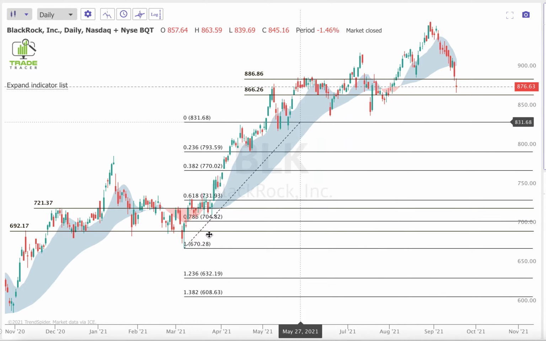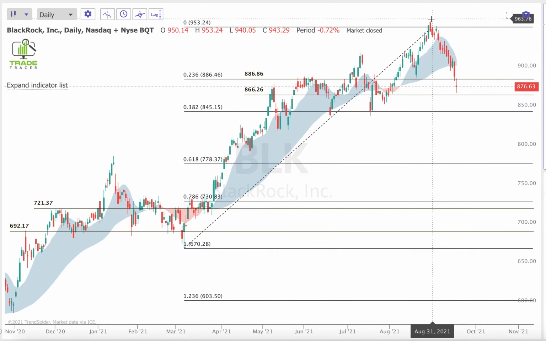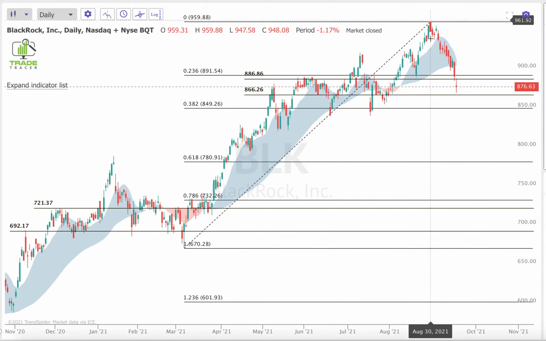I'll take it from a previous pivotal low to a pivotal high, and you can see the 382, 618, 786. I'm almost always going to have these levels on my charts, depending on where I've drawn the Fibonacci extension or retracement from.